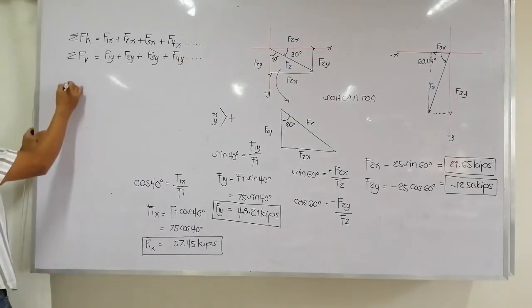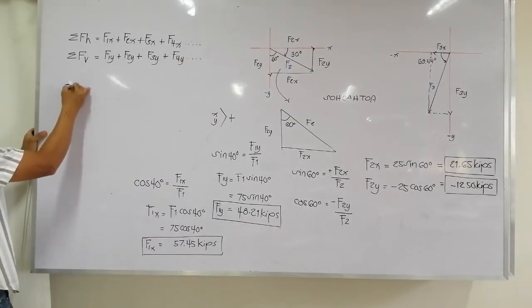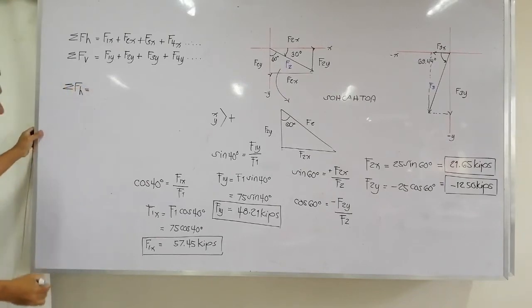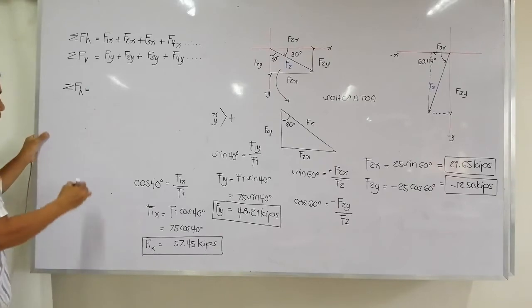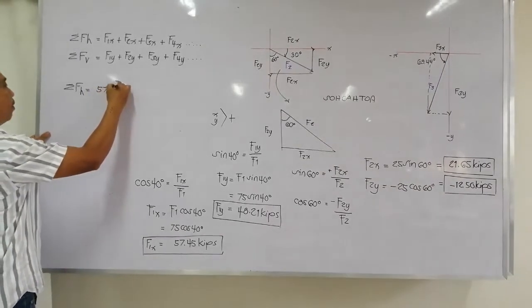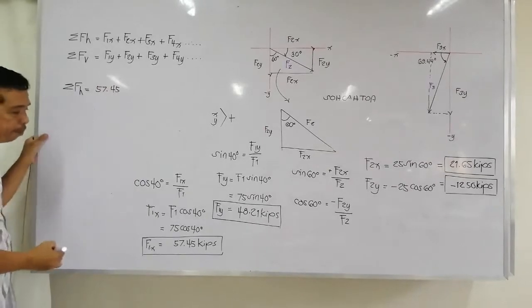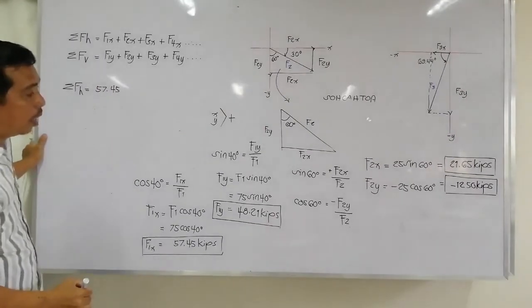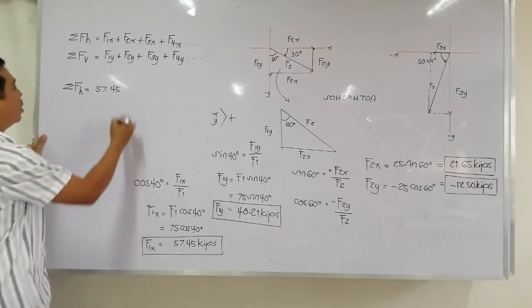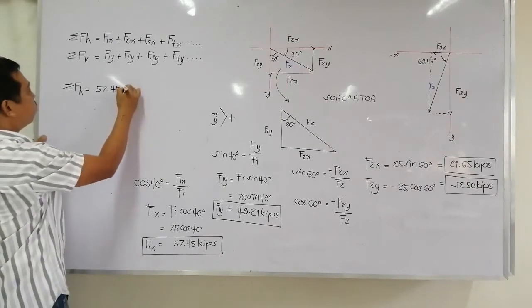Now, that being the case, you can solve for the summation of forces along the vertical, the horizontal, or x-axis. As your F1X is 57.45, whereas your F2X is 21.65.